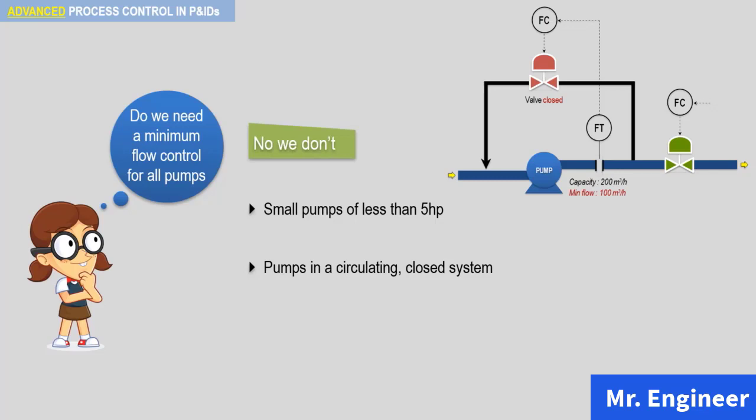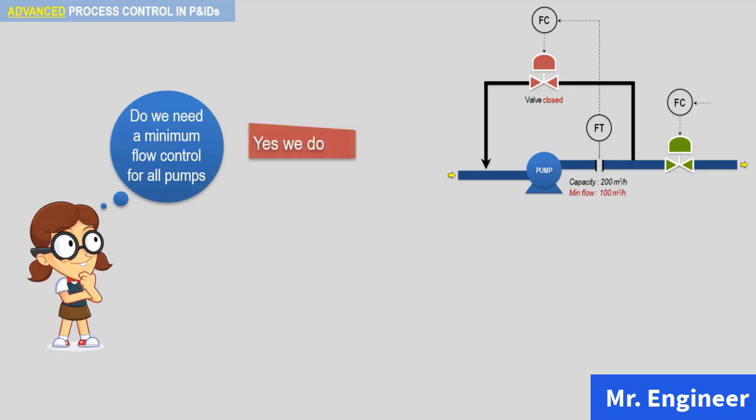However, the following examples of pumps may require minimum flow control. For example, large pumps of 5 horsepower or more, and pumps on the mainstream. The rule of thumb for providing minimum flow control is as follows. For pumps with power lower than 5 horsepower, no minimum flow line is required, as mentioned before. When the power of the pump is between 5 horsepower and 10 to 20 horsepower, you need a continuous minimum flow line.